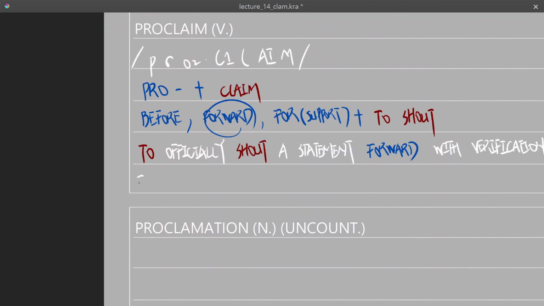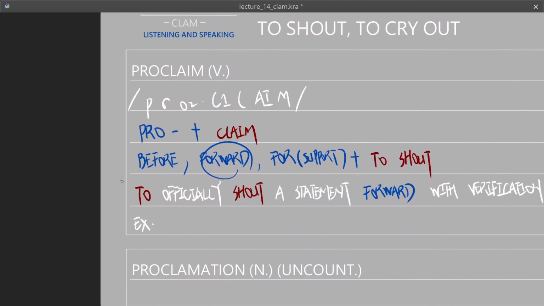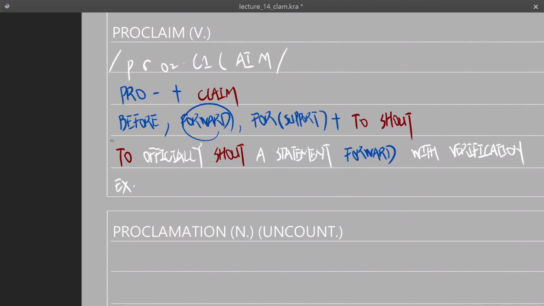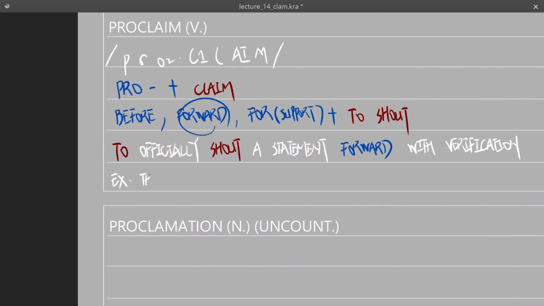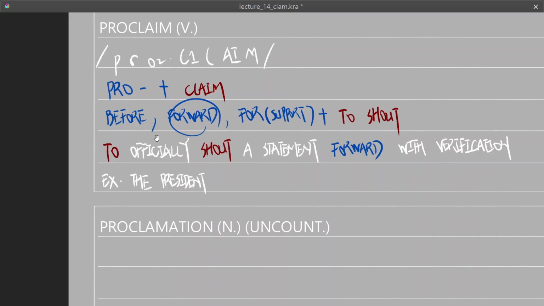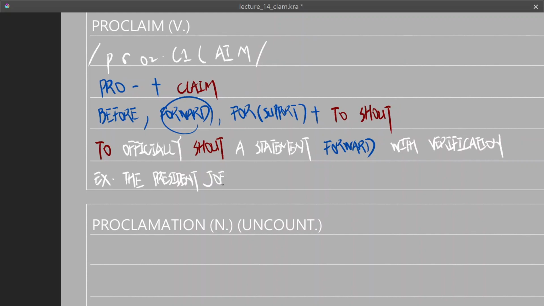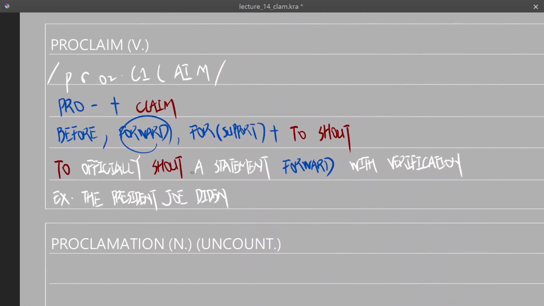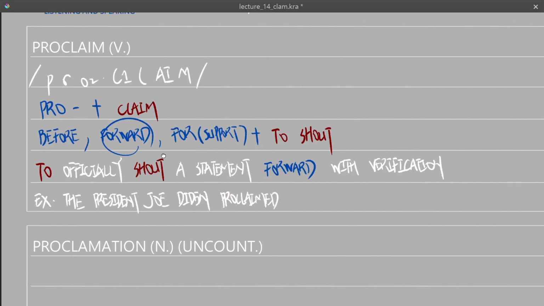All right, so for example, let's say the President Joe Biden proclaimed, what?